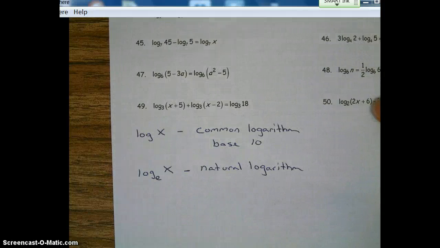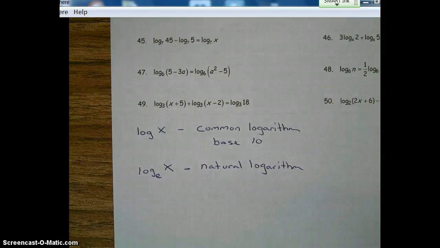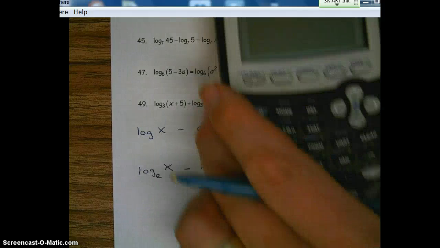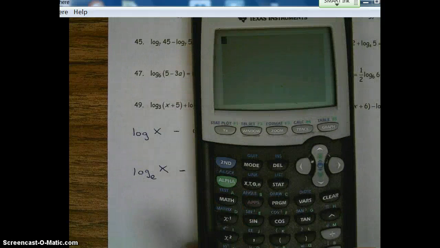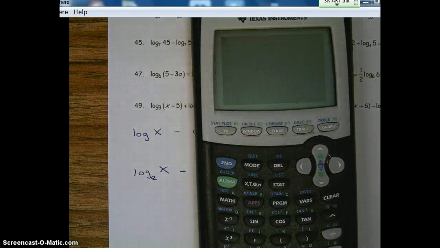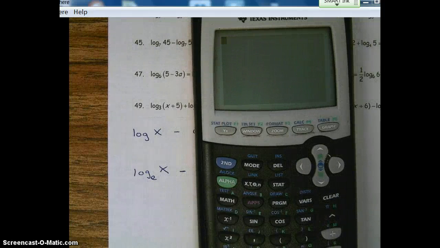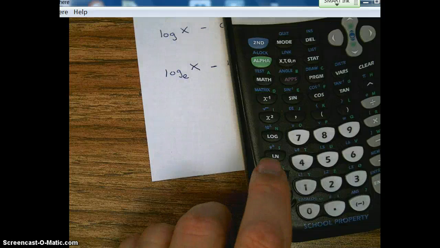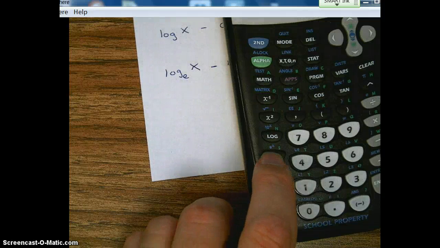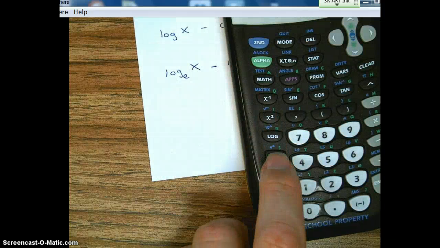Base e. e is like pi. It represents a number, and it's on your calculator. Let me show you where you can find base e. Yeah, here it is. If you look on this button here, the blue, it says e to the x. Second, we press that.